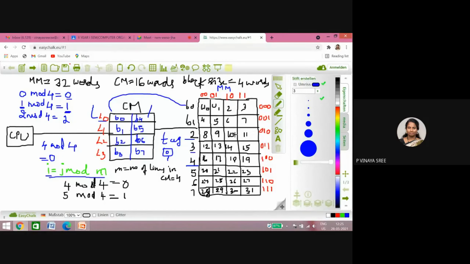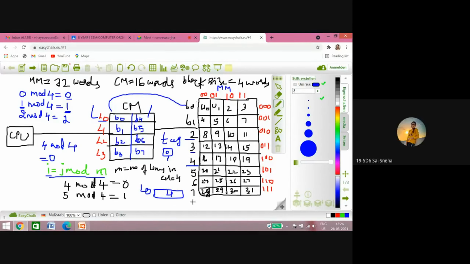In that case, how many blocks did we get? If it is 64 words, 16 blocks. If it is 16 words, 4 blocks. So in a single cache line, 4 blocks will be mapped.